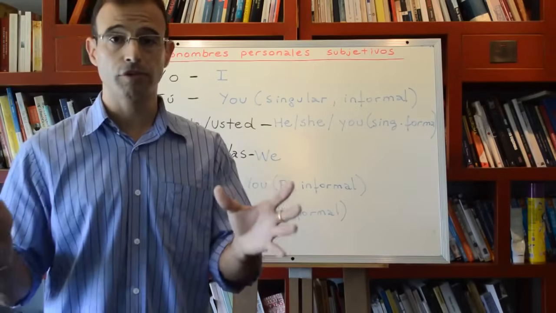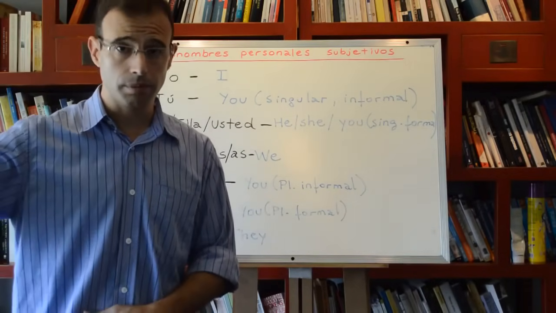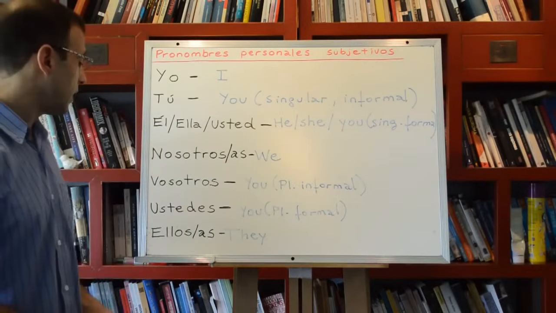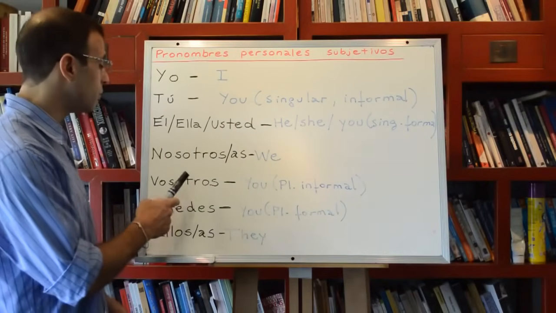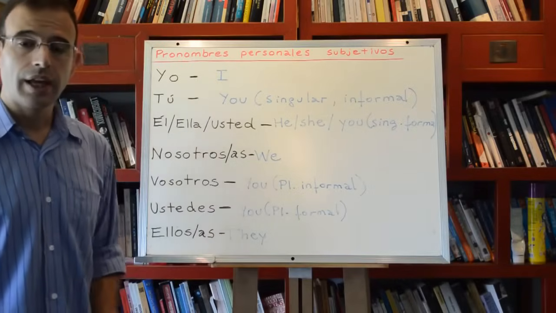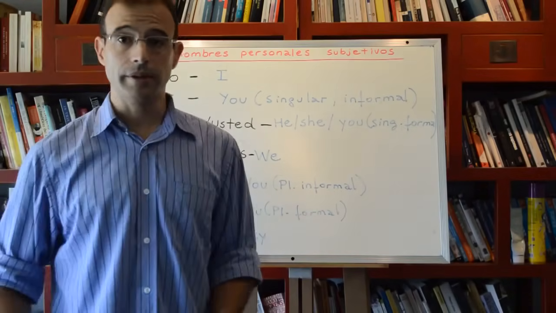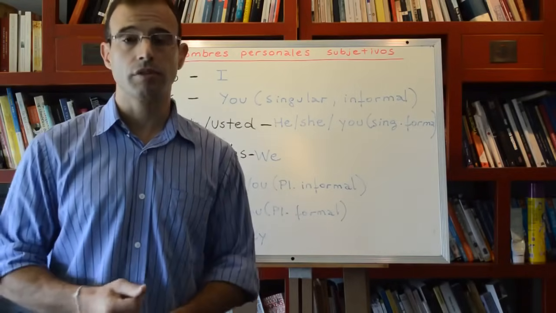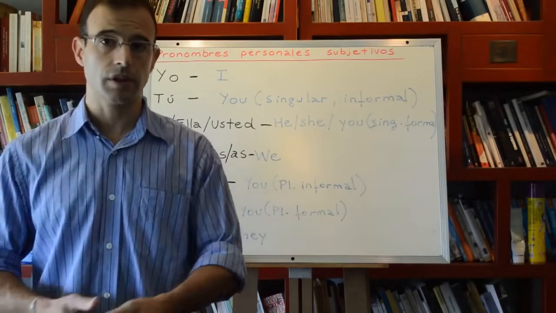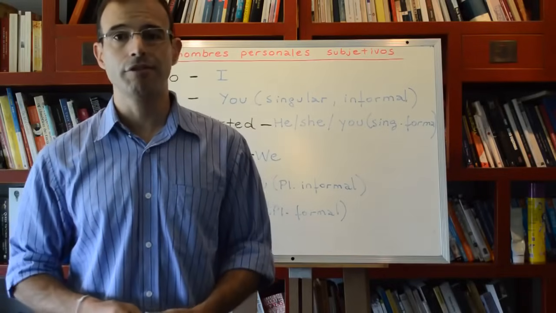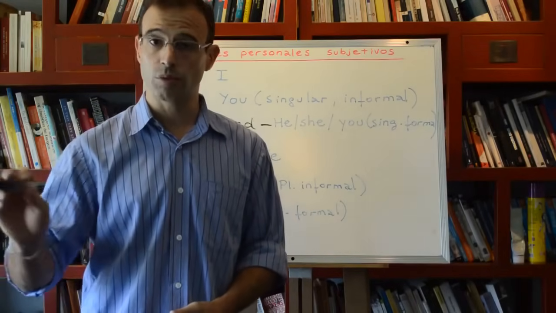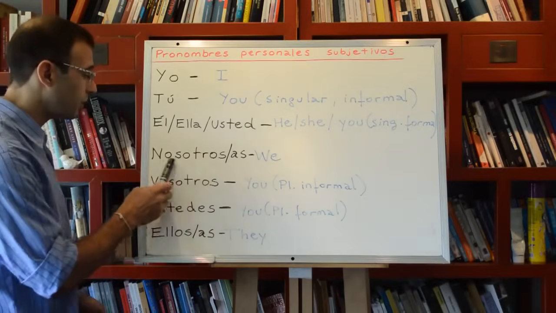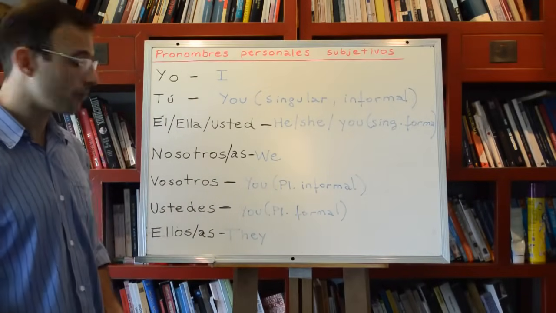It's the Kingdom of Spain, or the country Spain in Europe, right, is the only place where they use vosotros. In all of Latin America, right, where most of the Spanish-speaking population is located, and a few parts of Spain as well, vosotros is not used whatsoever.